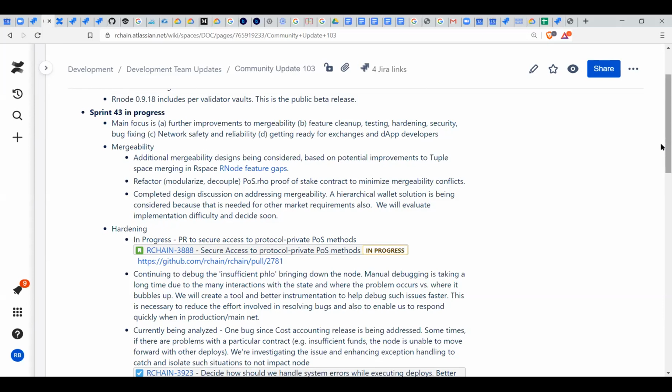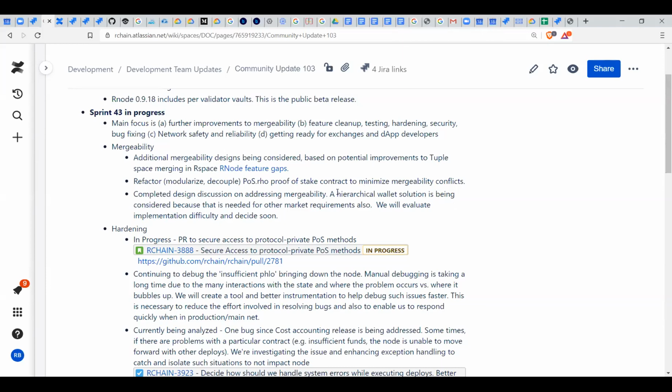But the other area which we talked about last time was the proof of stake contract. Currently, the way it is written, it was not written with mergeability in mind in any significant manner. So we are trying to decouple different parts of that. One of the design choices that came up was a hierarchical wallet solution. And this was something that was discussed back in January, apparently.